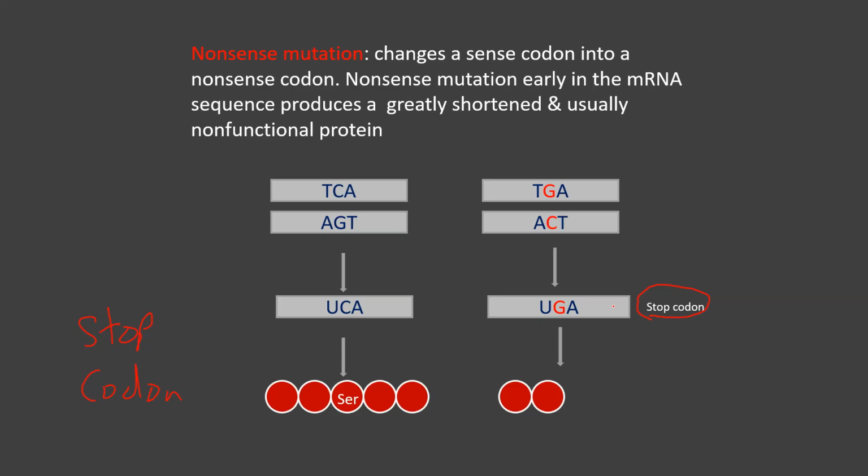So obviously, if you're going to stop before you're finished, you're going to end up with a shorter protein that usually serves no purpose. It is non-functional, okay? So it means, of course, that nonsense mutations can have severe effects on an organism because you're getting proteins that just don't work at all.